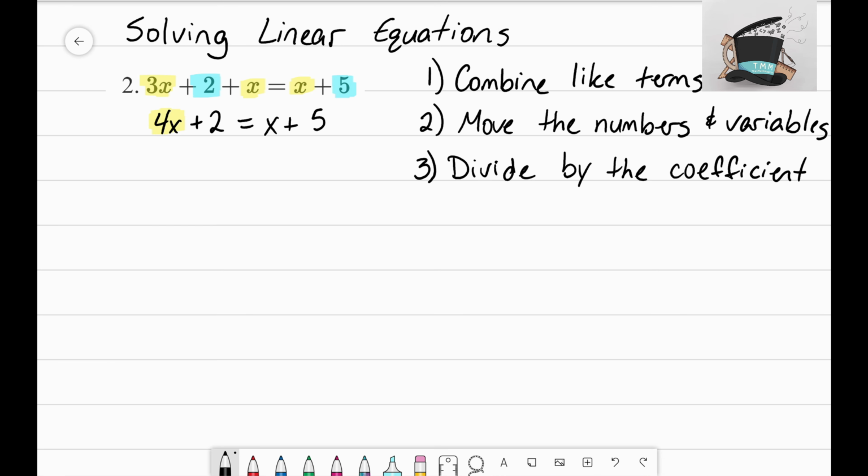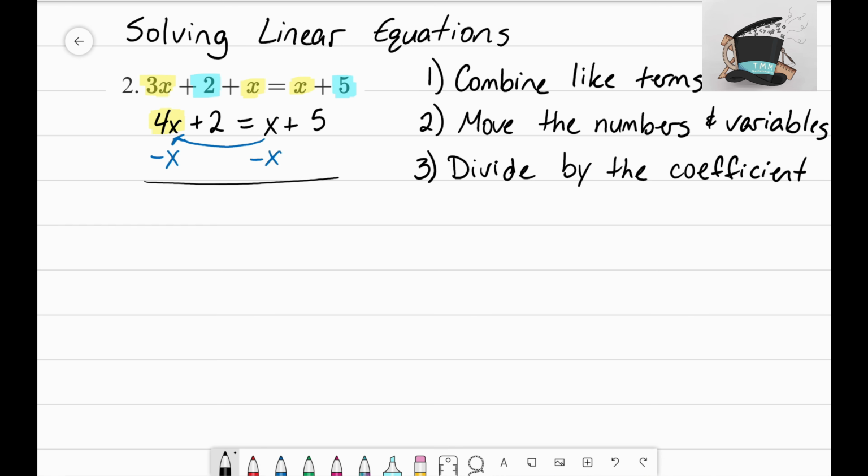Now the second step says we want to move the numbers and the variables. So we have to decide now which side of the equal sign we want to move our variables, and you can go either way. I'm going to take this x here, and I want to move it over to this left side. So in order to move this x over to this side, I'm going to subtract x on both sides.